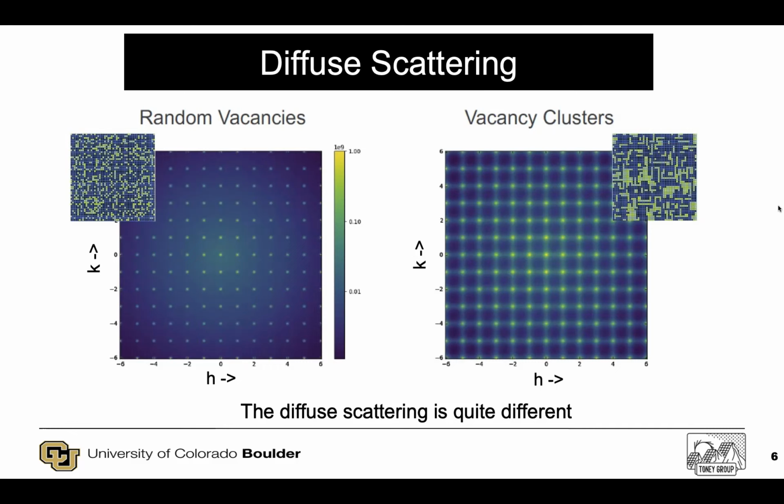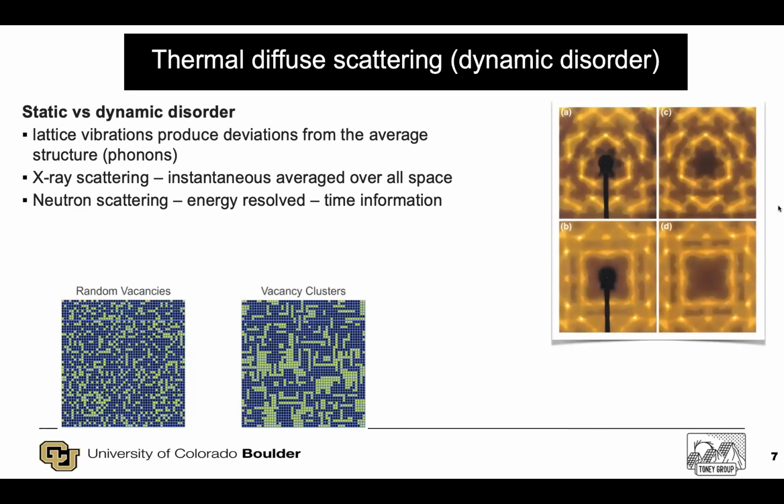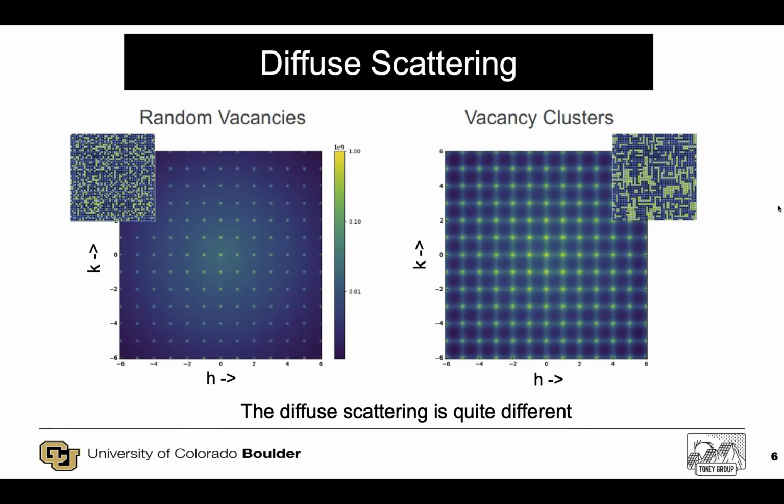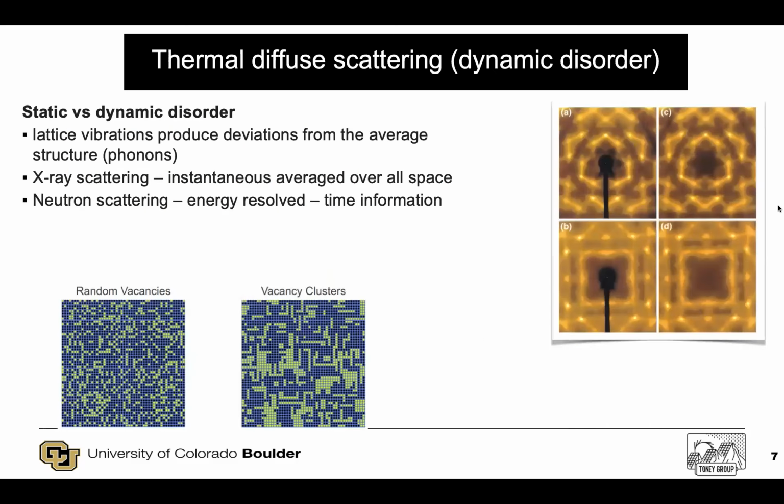So the diffuse scattering allows us now to distinguish these. I treated this, at least in the previous example, as static, with things not moving on small time scales. And again, I think people in this audience understand that if the local order is dynamic and moving on a time scale, you can use diffuse neutron scattering to distinguish this.